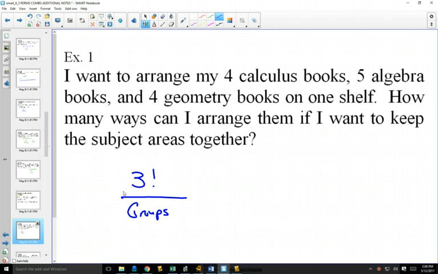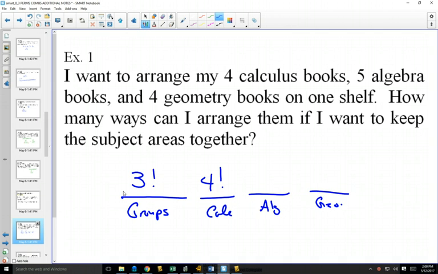Then after you've decided on your groups, you need to make your arrangements within your groups. So it doesn't matter what order you put them down, but I could have had calculus, then algebra, then geometry as my choice here. How many ways can I arrange my calculus books? Well, I have 4 calculus books.